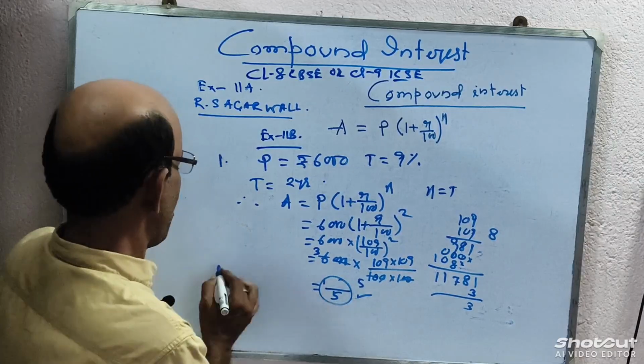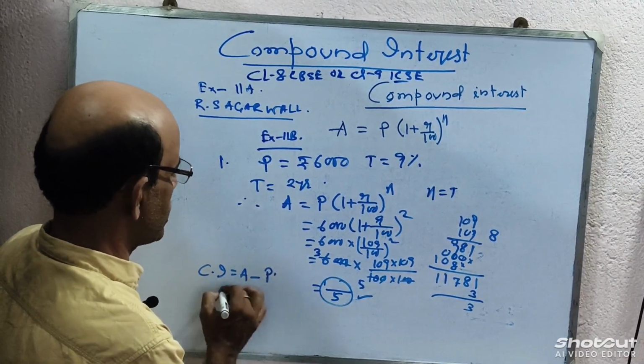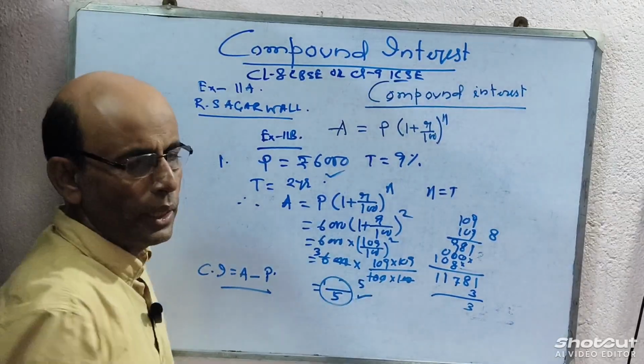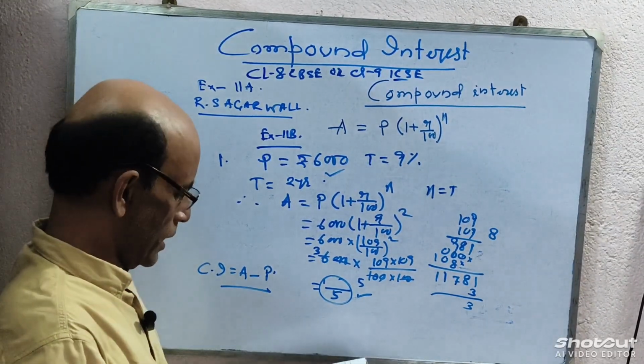This is the amount, and find compound interest this way: amount minus principal. Principal 6,000, then it will be your answer. This is the compound interest.